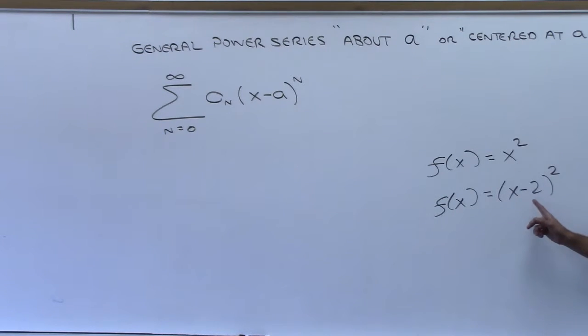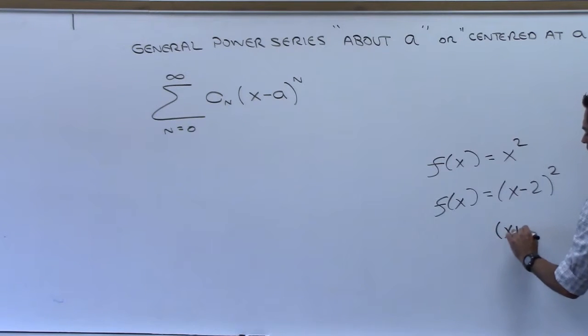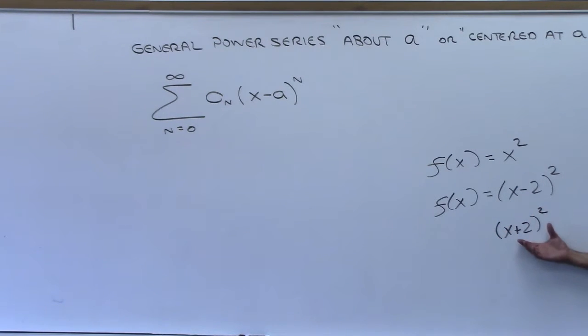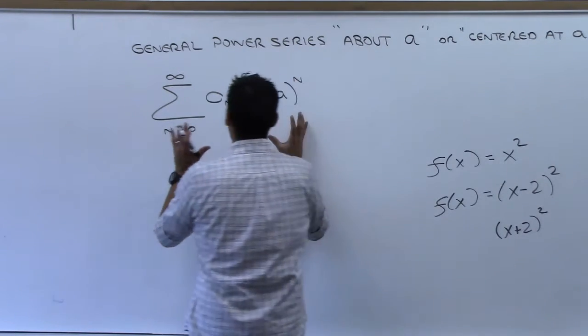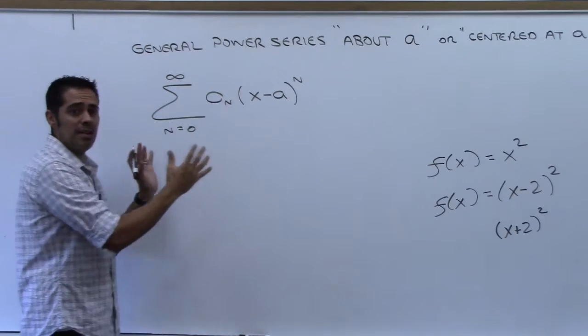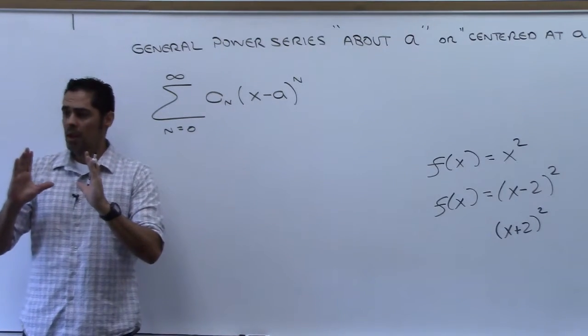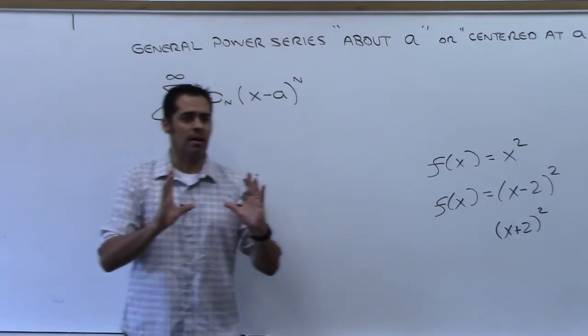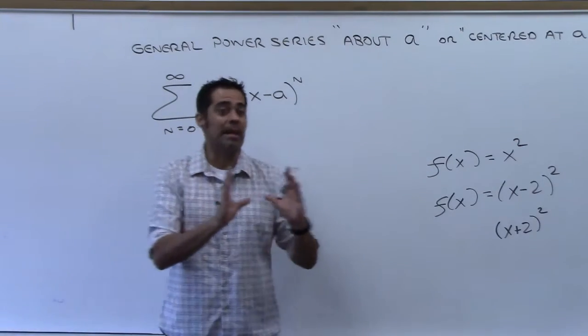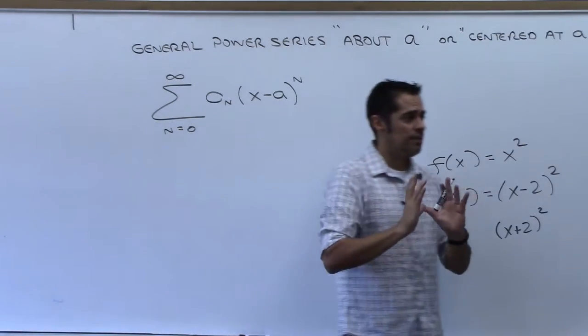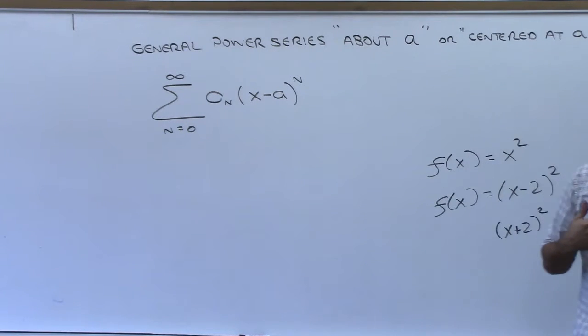This would shift it to the right 2 places, right? And if I did x plus 2 squared, that would shift it to the left 2 places. So what I'm doing is taking this power series, which we said a second ago could be looked at as a function, and I'm just allowing us to move its domain around, really. Shift it left and right, if we want to, all right?